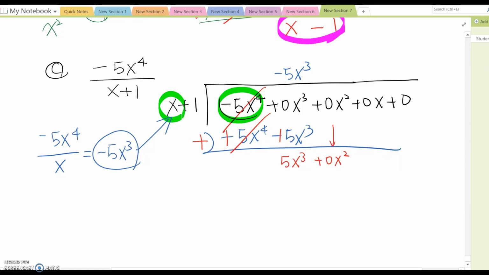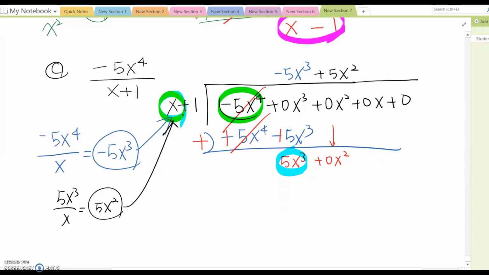Now we compare again the leading term of the dividend and the leading term of the divisor. So it becomes 5x cubed over x, and the quotient becomes 5x squared. So put plus 5x squared, and multiply this quotient with the divisor.